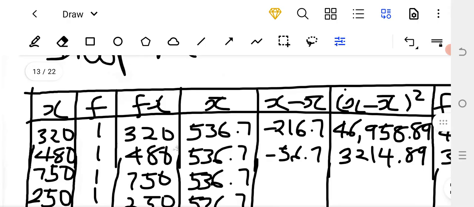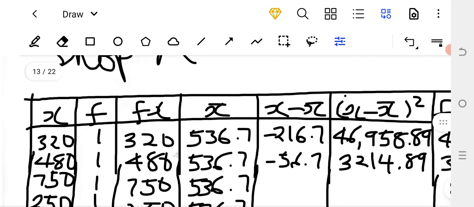Then here I'm going to have 750 minus 536.7. It's going to give you a positive 213.3.